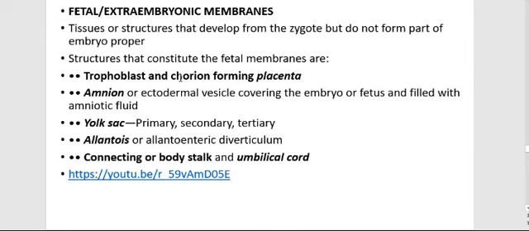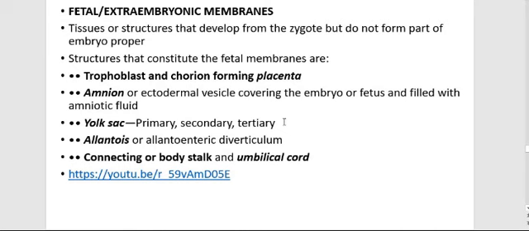So the trophoblast forms the chorion, which forms the placenta. We discussed how it was formed. The amnion, we discussed and saw how it was formed. The yolk sac, primary, secondary, and up to tertiary level. The tertiary was formed last week when we were looking at the 4th week of development, when the primitive gut was formed, and that part which remained outside was the tertiary.